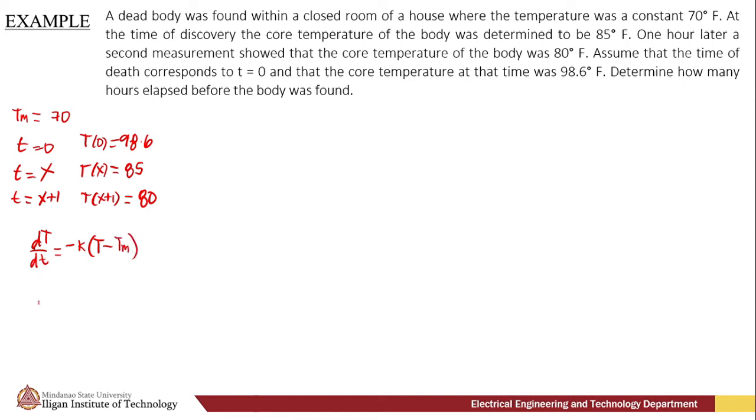Rearranging this, we have dT/dt plus kT equals kTm. So we have a linear differential equation. Our p(t) here is equal to k, and our q(t) is equal to kTm, where the value of Tm is 70. So we have 70k.